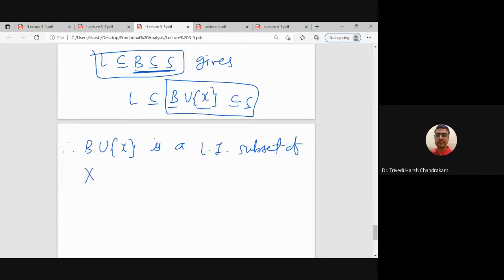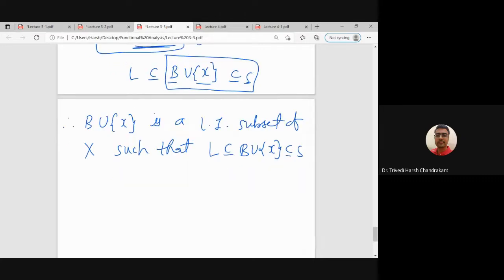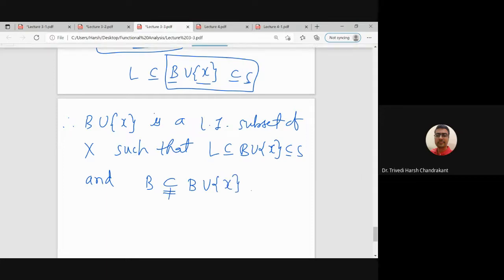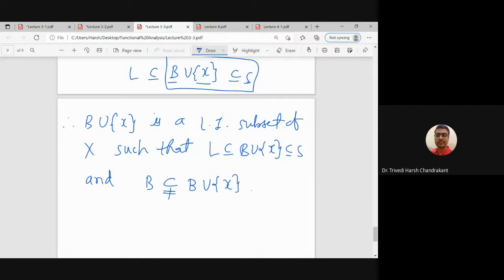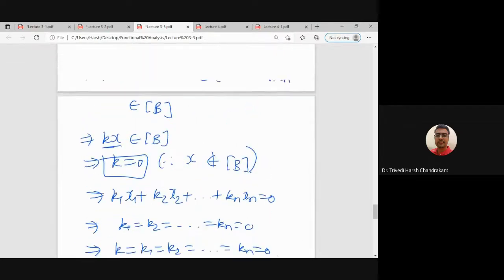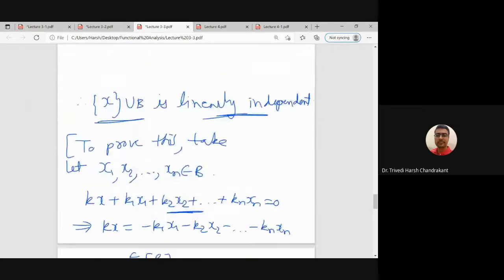Subset of X such that L is a subset of B union X, which is a subset of S, and B is contained in B union X, and this cannot be the same. It is a proper subset. Why? Because X is not an element of B. That is what we assumed here.